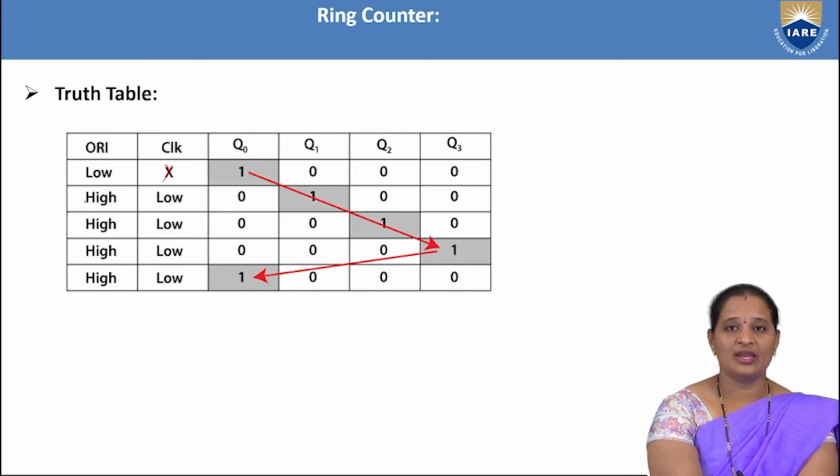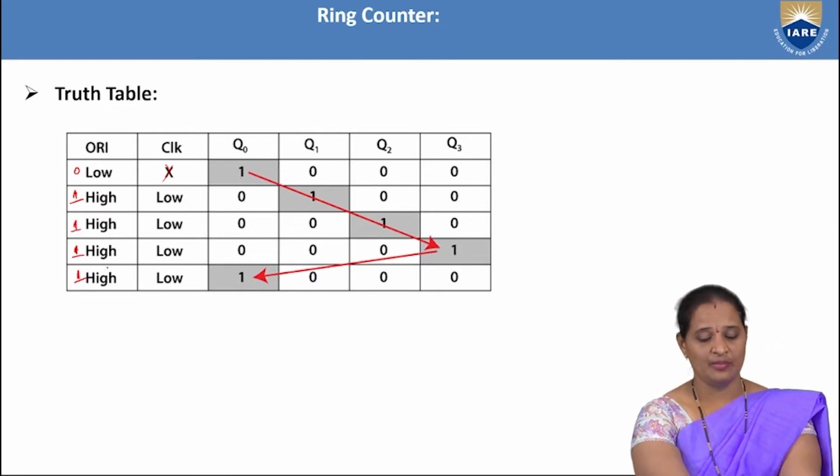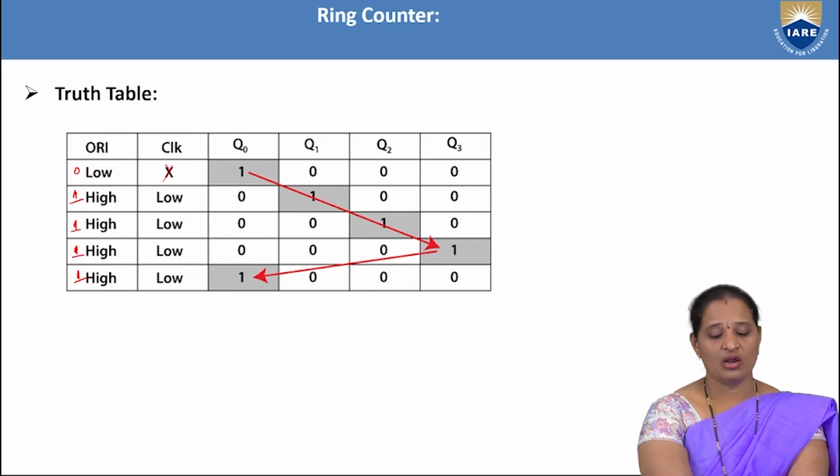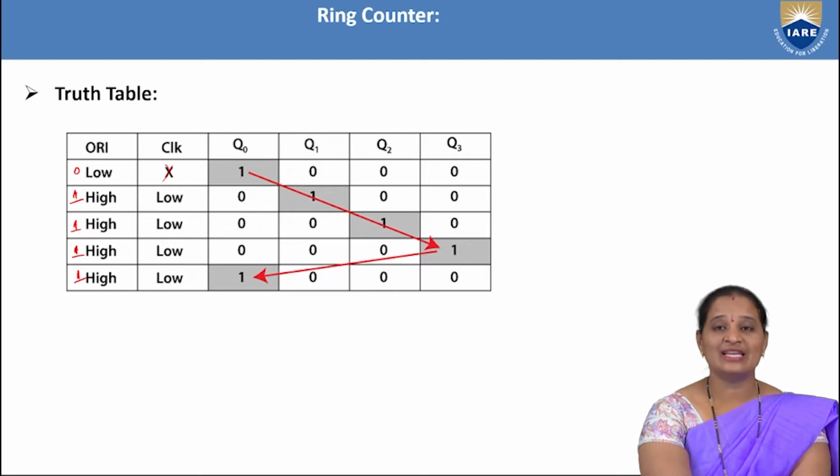Now we made the ORI input high. Initially, as it is active low, we have considered ORI as 0. So irrespective of the clock, as ORI is applied as a preset input to the first flip-flop, it sets flip-flop 1, and hence Q0 is equal to 1.